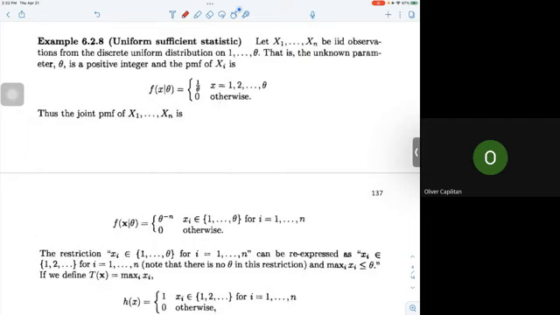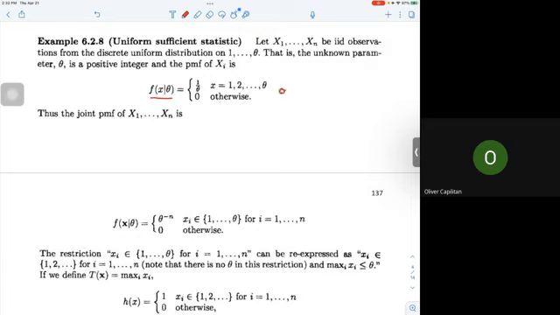We have the uniform sufficient statistic. Let x sub 1 up to x sub n be IID observations from a discrete uniform distribution on 1 up to theta. So the unknown parameter theta here is a positive integer, and the PMF of our random variable x sub i is this: 1 over theta for x in the support 1, 2, up to theta, and 0 otherwise.